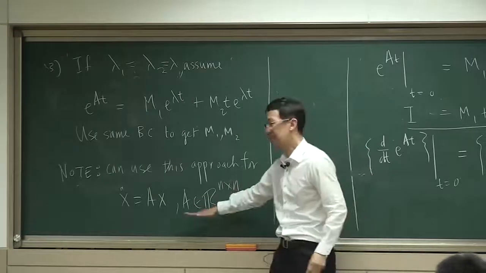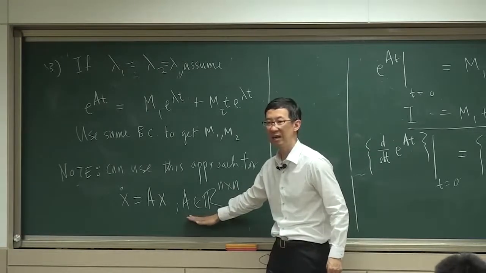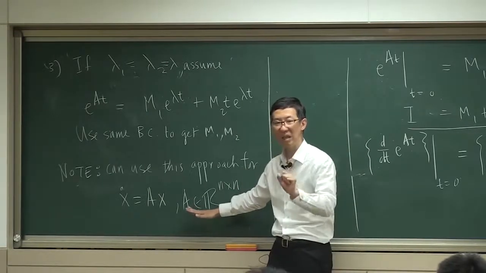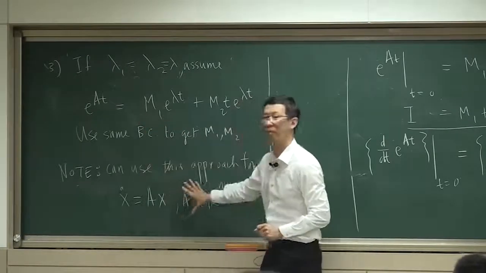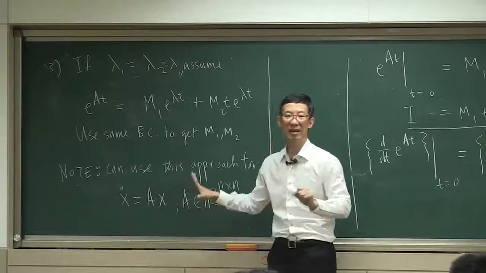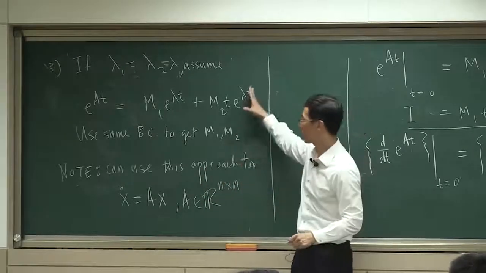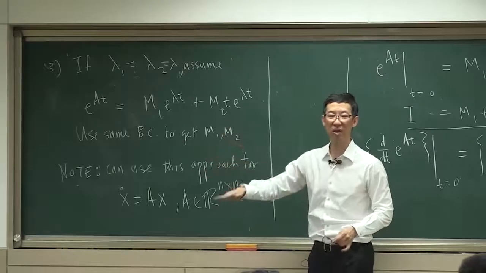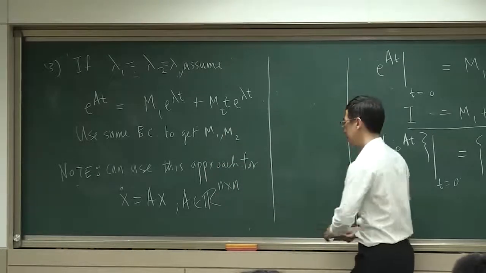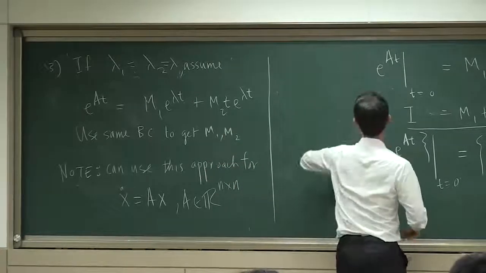So find the eigenvalues of a, and depending on the nature of the eigenvalues, assume e to the at to be of a certain form. And then use the boundary conditions. So if you need more boundary conditions, what do you do? You differentiate one more time.